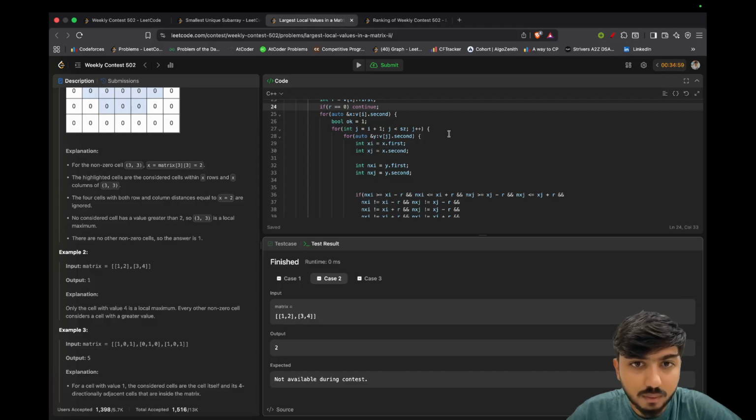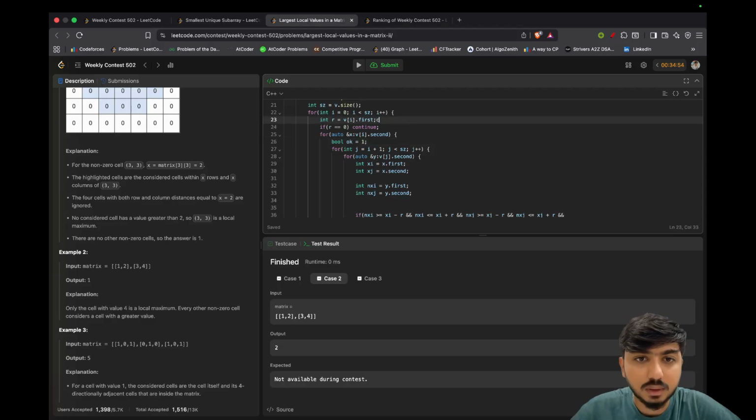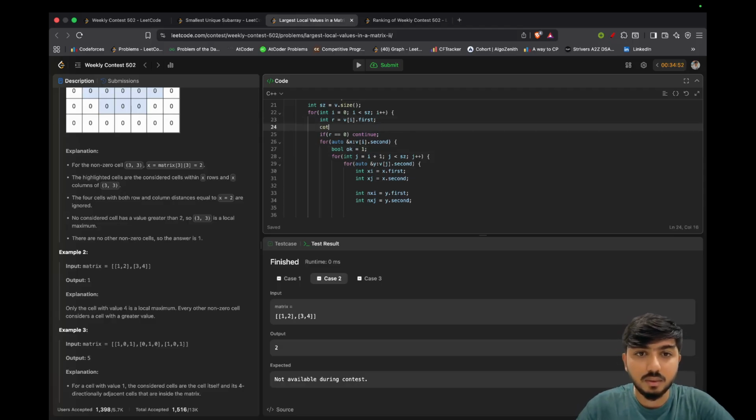1 2 3 4. Currently cout r1 is equal to r.